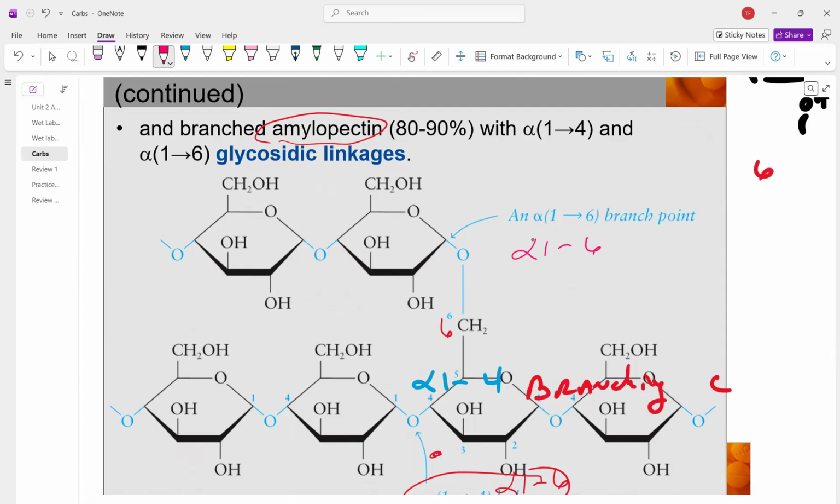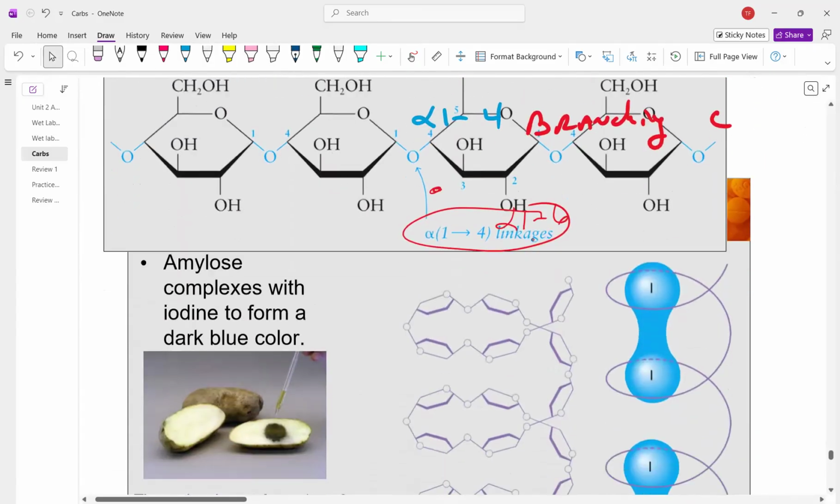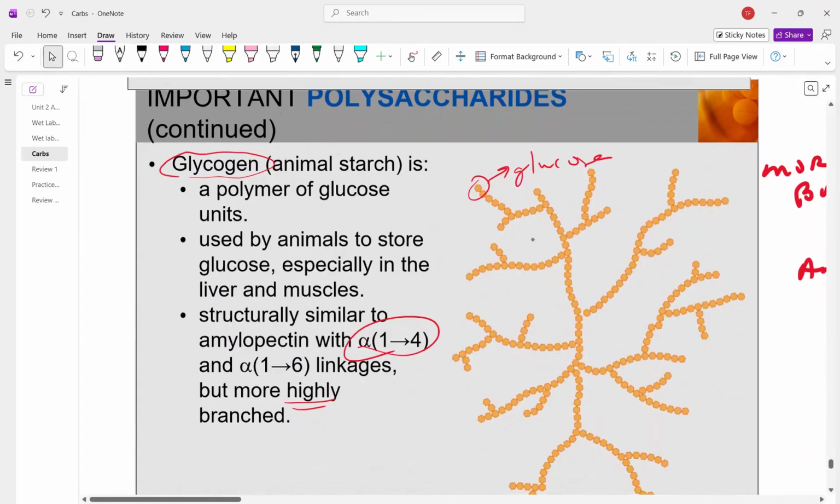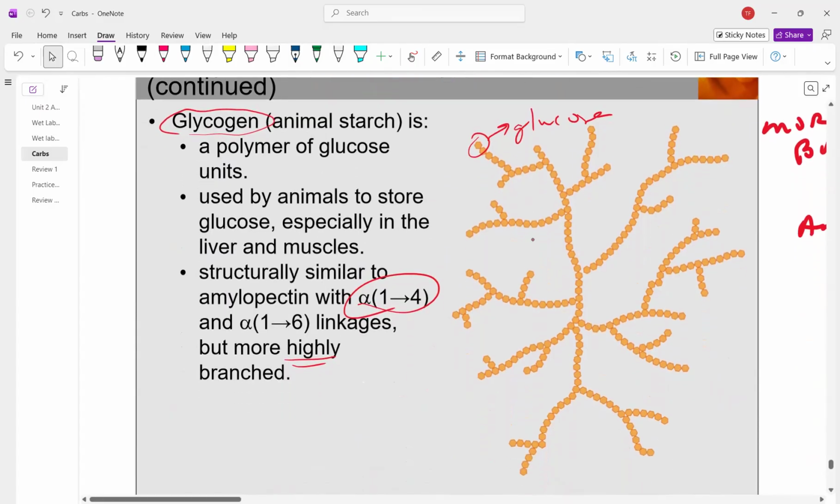These are alpha 1,4 linkages. So amylose, amylopectin are the two common polysaccharides that we can digest. Glycogen is the only starch mammals create. It's just like amylopectin, except it's more branched.